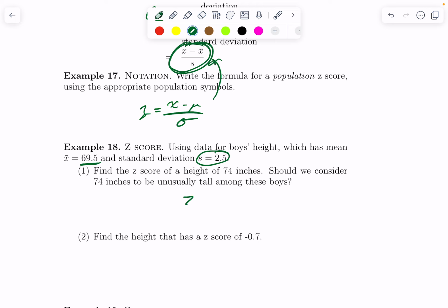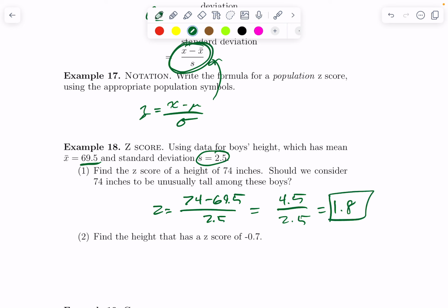We do 74 minus 69.5, which is 4.5, and divide by 2.5. 4.5 divided by 2.5 gives me 1.8. So 74 is 1.8 standard deviations away from the mean. Is that extreme? No.